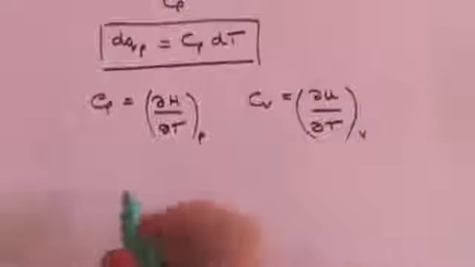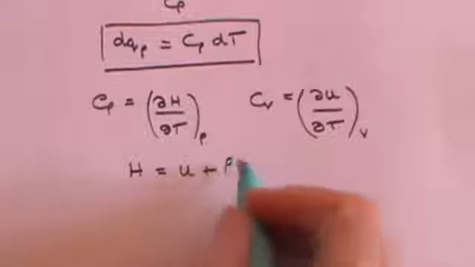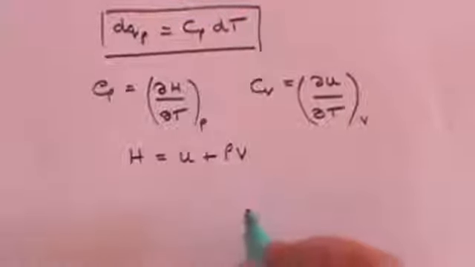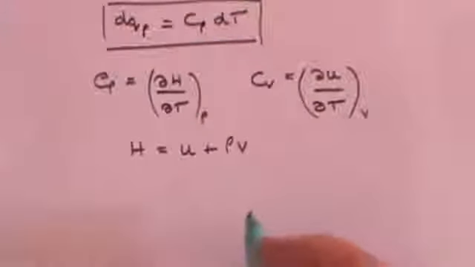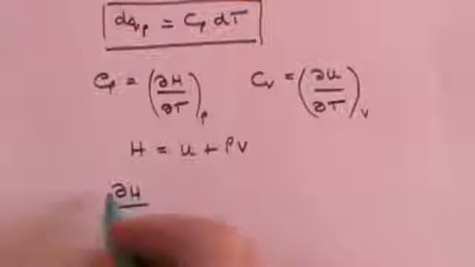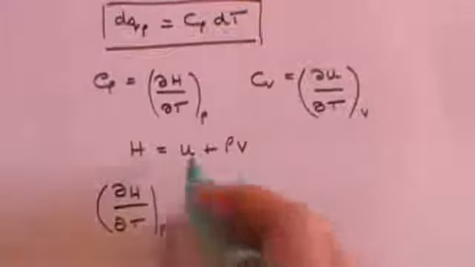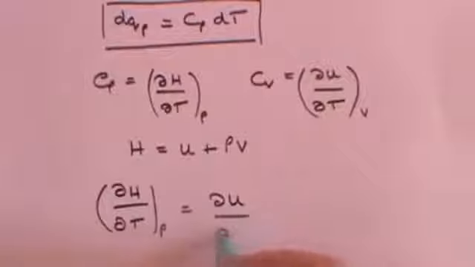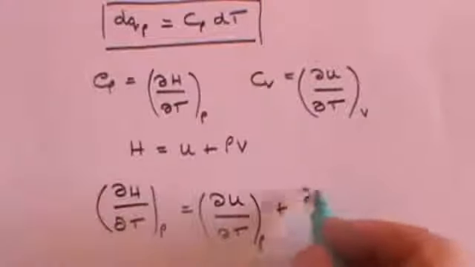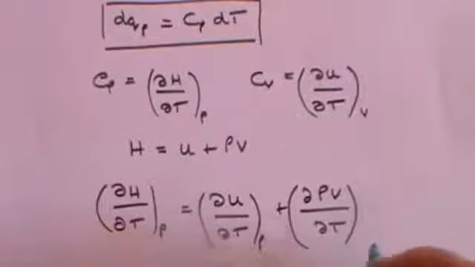Now you'll recall that we defined enthalpy as being the internal energy plus PV. We've defined that before. And once again you can use the partial differentials by saying that the partial differential of H with respect to T at constant pressure is equal to the partial differential of U with respect to temperature at constant pressure plus d(PV) with respect to temperature at constant pressure.